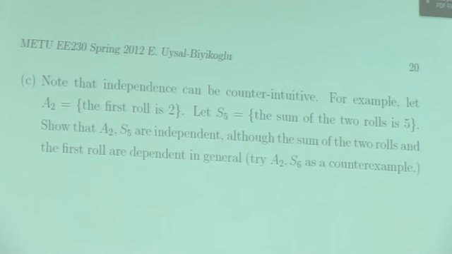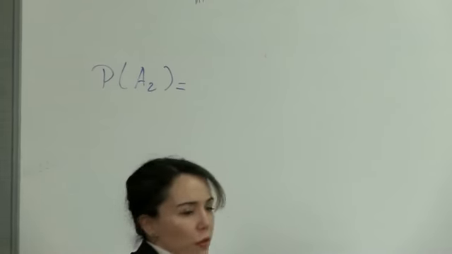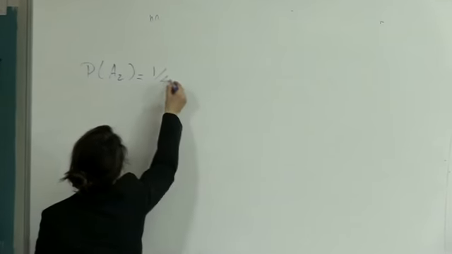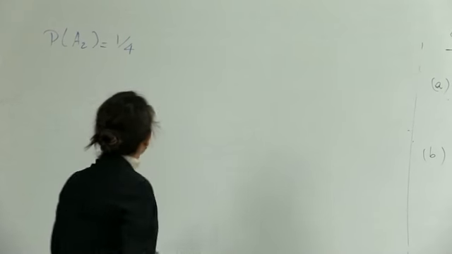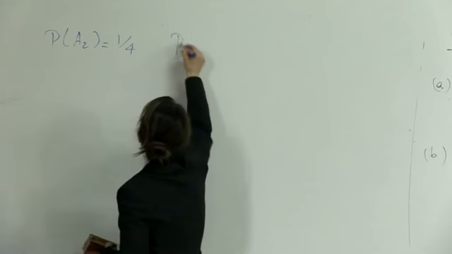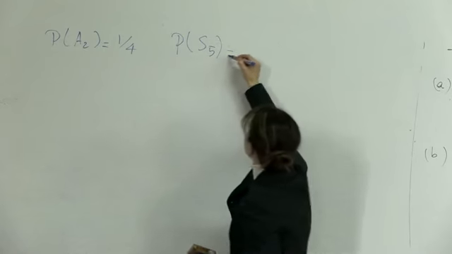Okay, let's check. P of A2, what is it? 1/4. The result of the first roll being 2 has probability 1/4. What is the probability of S5?